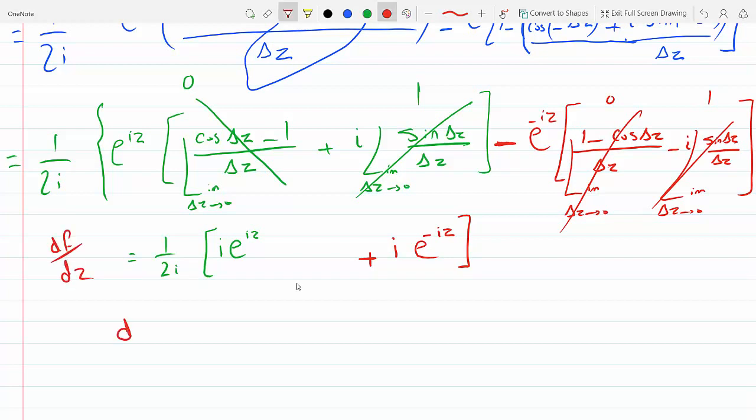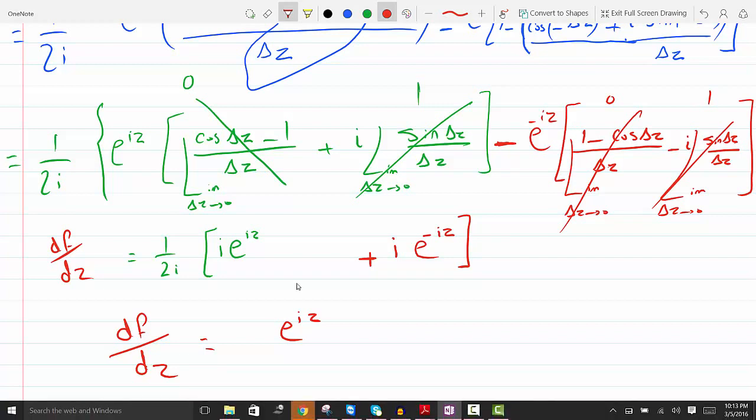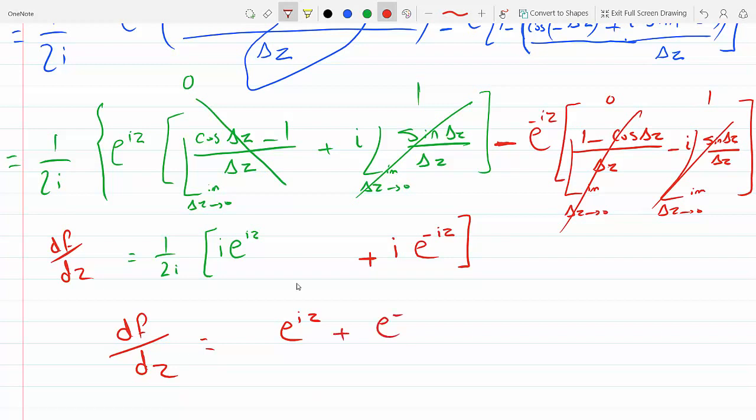Okay, continuing on. So df over dz equals, look, if you pull the I out, you get e to the iz plus e to the minus iz, times I over 2I. Well, let's simplify that.